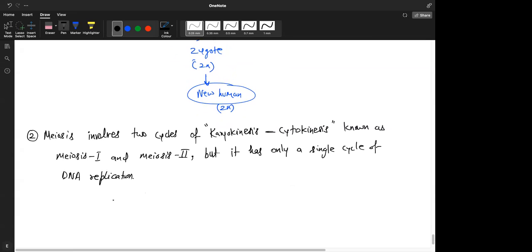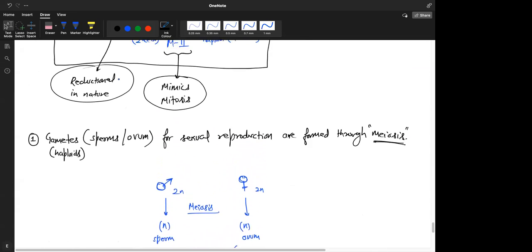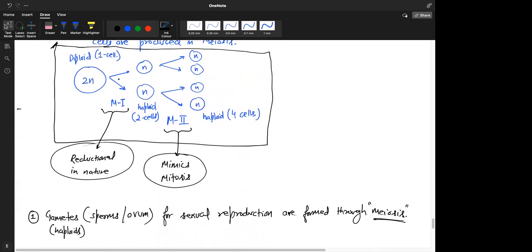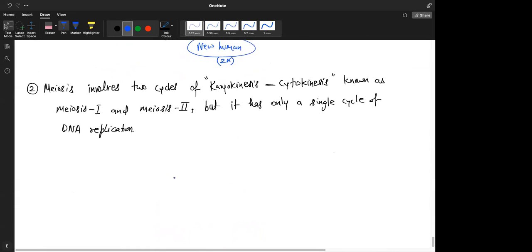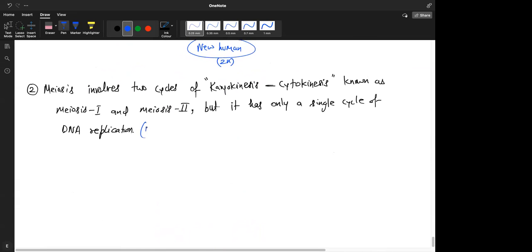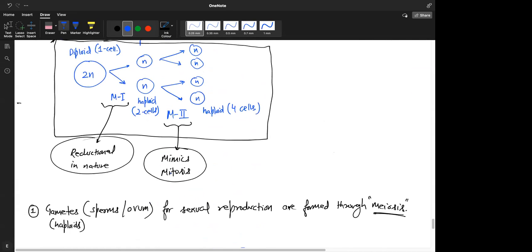Okay, and in which cycle does DNA replication happen? During meiosis 1, right? Because meiosis 2 mimics mitosis.